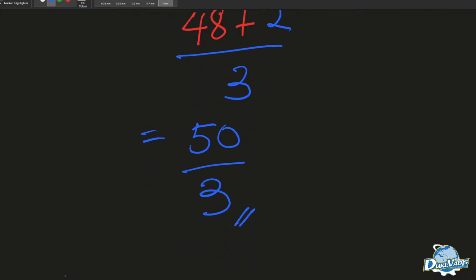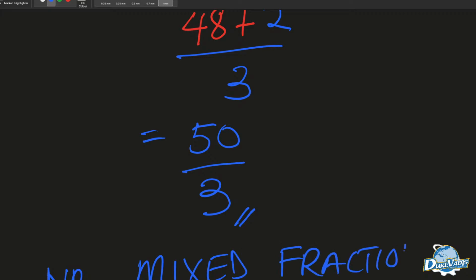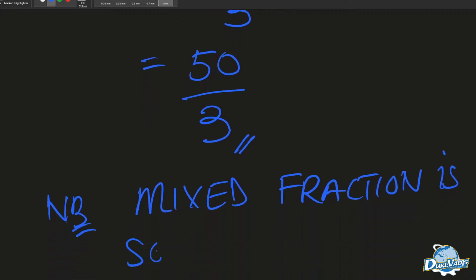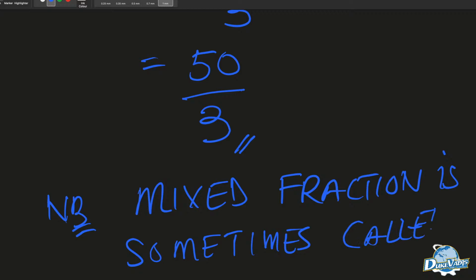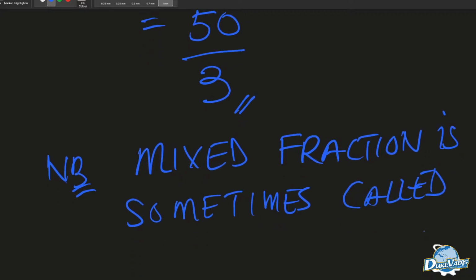So I say note, mixed fraction is sometimes called improper fraction.